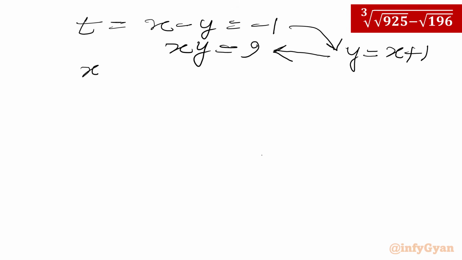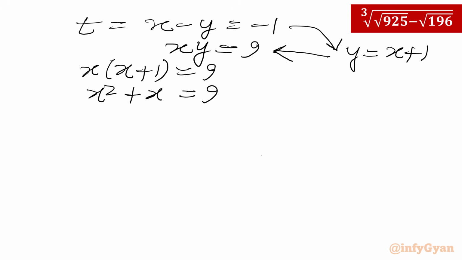So we will get x times x plus 1 equal to 9, or x square plus x equal to 9, or we'll be writing x square plus x minus 9 equal to 0.